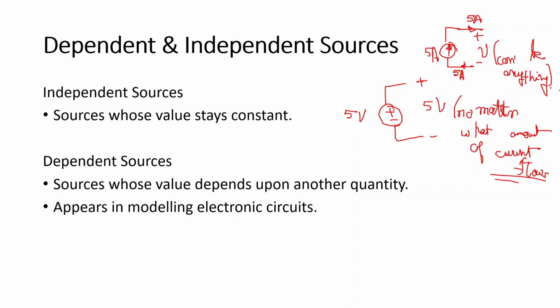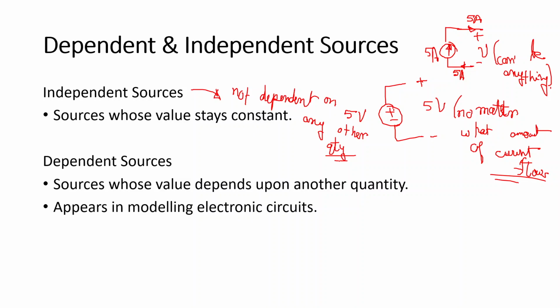Since these sources hold the quantities constant, like the current source has a constant 5 ampere current no matter what the voltage across it, and the voltage source has a constant voltage of 5 volt no matter what the current flowing through it, these are known as independent sources because they are not dependent on any other quantity.